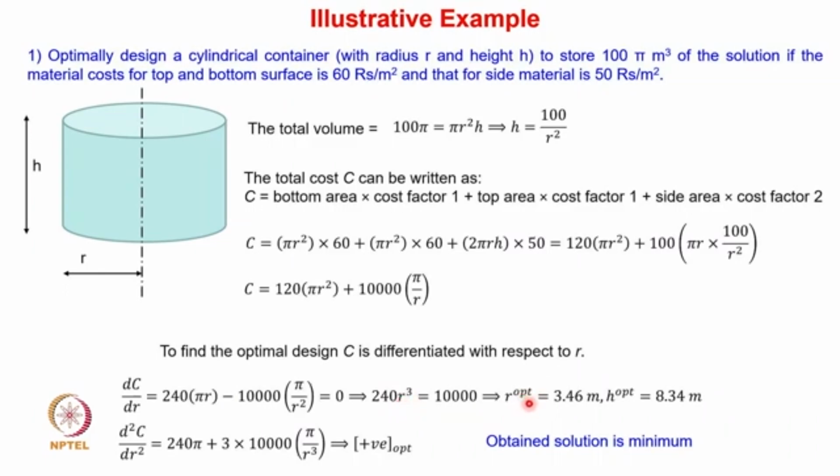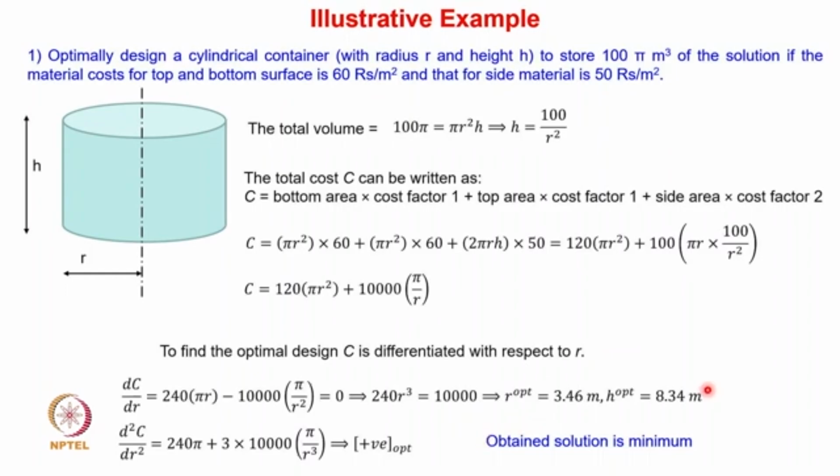In this case the optimum value of r comes out to be 3.46 meter, and corresponding to that we can put this r into the equation, 100 by r square, and calculate the optimum value of the height, which comes around 8.34 meter. So if we design a cylindrical container with radius of 3.46 meter and height equal to 8.34 meter, that is going to minimize the cost required for the fabrication of this particular cylindrical container.